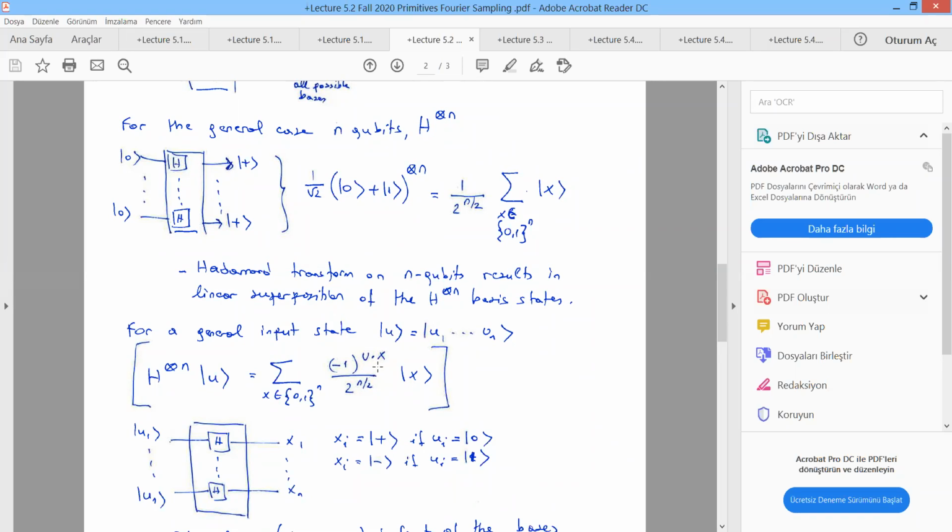It's an inner product. u dot x is either a one or a zero, right?